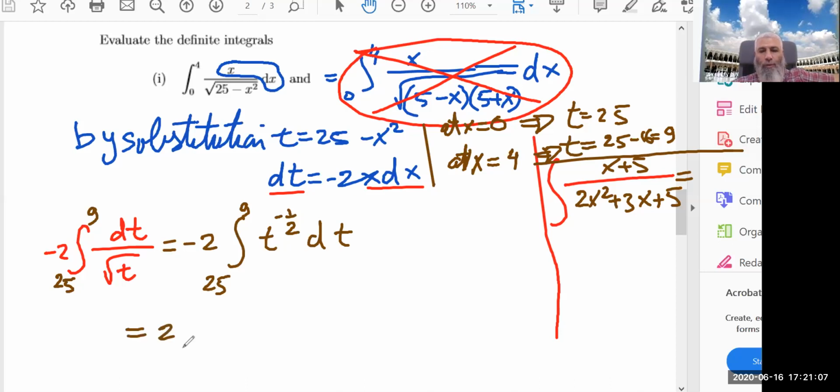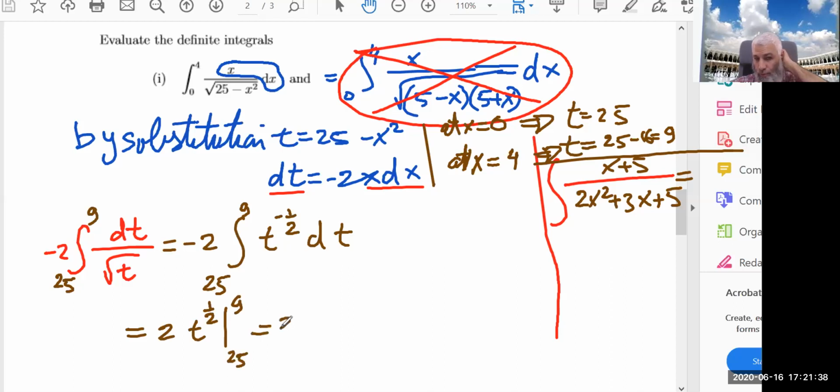But 2 integration from 25 to 9 of t power -1/2, we add here 1/2, positive 1/2 over 2. But this is 1, t power 1/2, from 25 to 9.